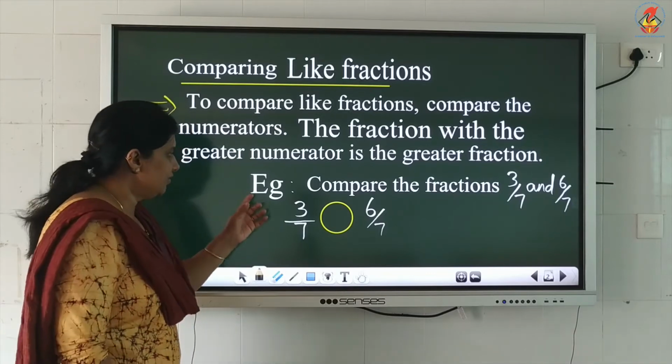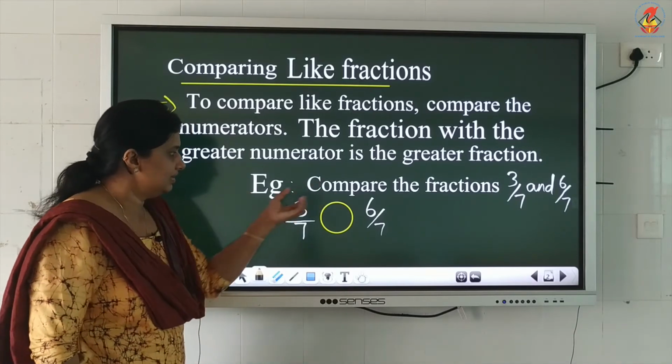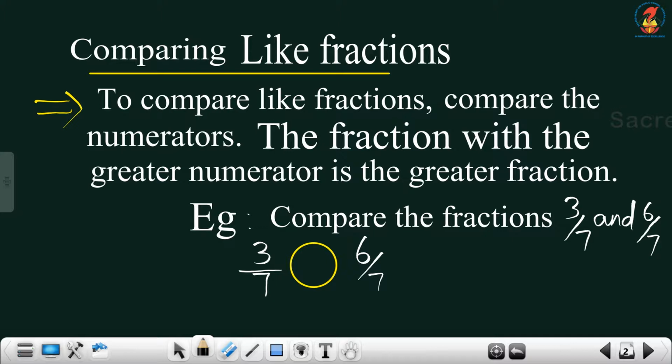I will give you one example, that is 3/7 and 6/7. See the denominators, both are the same. That's why they are called like fractions. The numerators are 3 and 6. Which one is greater? 6. So, which fraction is greater? 6/7 is greater.